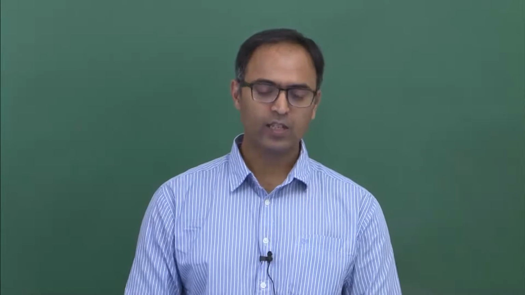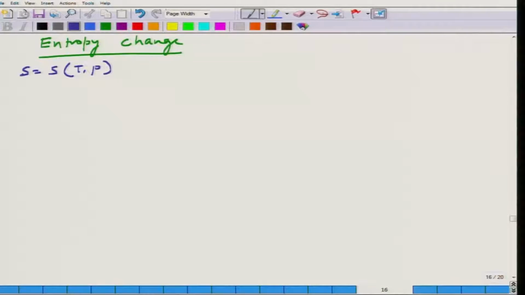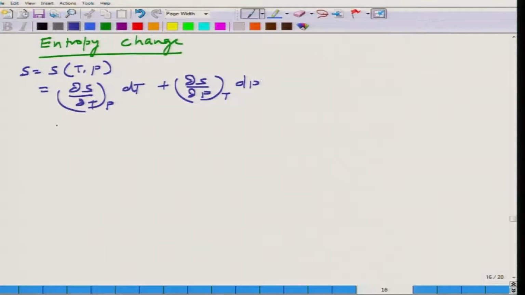Now we will take a look at how to calculate entropy change. Let us consider S as a function of T and P, and we can write this in terms of partial derivatives: dS equals del S by del T at constant P dT plus del S by del P at constant T dP. The first term we already know is nothing but Cp by T dT. Now here we have to make use of the Maxwell relation.